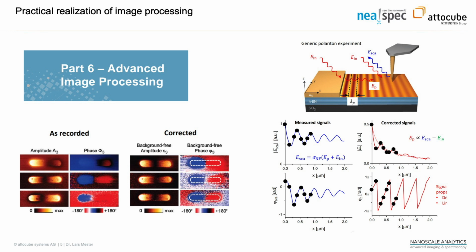Sometimes you want to subtract a complex number from your optical images. And I don't know an easy way of doing it in Gwyddion. So for this type of data, I think you should use something else, at least if you want to subtract this complex background.